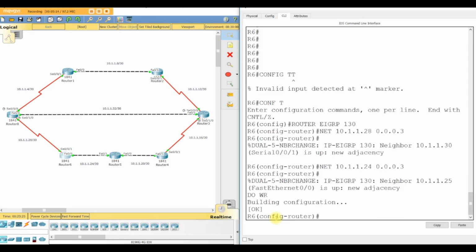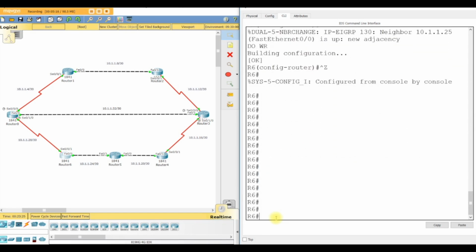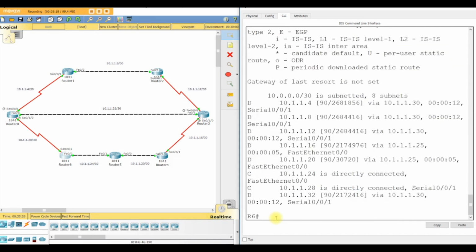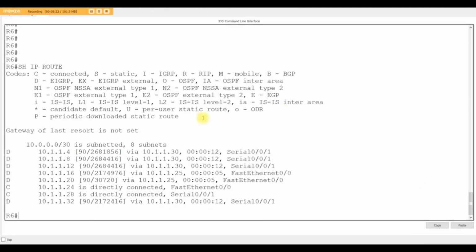Do WR, Control Z. Let's do a show ip route from here, and let's maximize this so we can see what we're looking at. We are getting the 4, the 8, the 12, the 16, the 20, and the 32, because 24 and 28 are directly connected routes. So we are routing. Let's go ahead and ping.